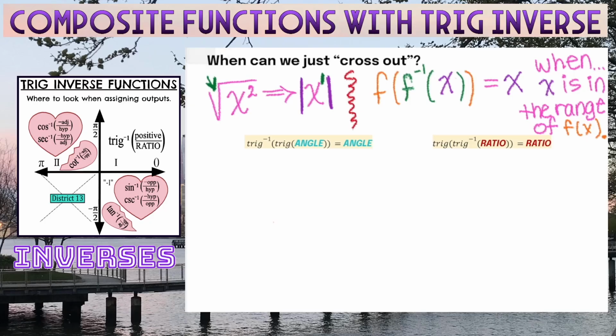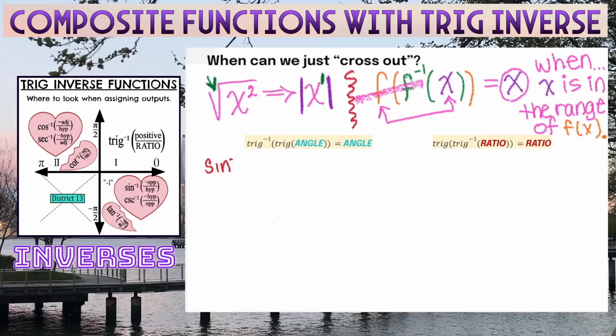So when this value is in the range of that function, then we are allowed to just cross them out and say that the answer is x. Now you're probably like, okay, sure, you're saying all this to me, but it still means nothing. So let's go through each case.